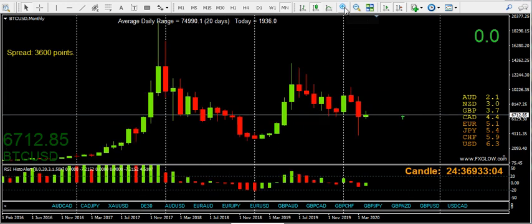How can I assess where price might go and how it might be affected by previous levels of support and resistance? Well, firstly, I should say that I rely on single candle highs and lows as recent support and resistance.